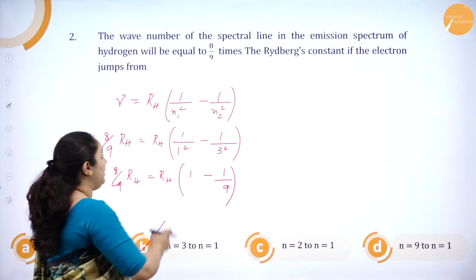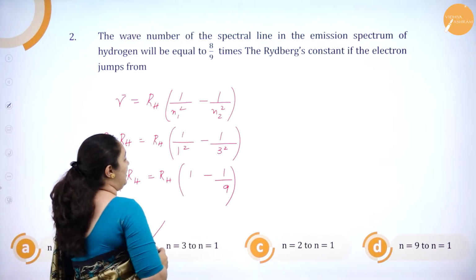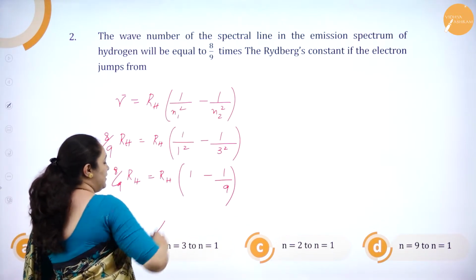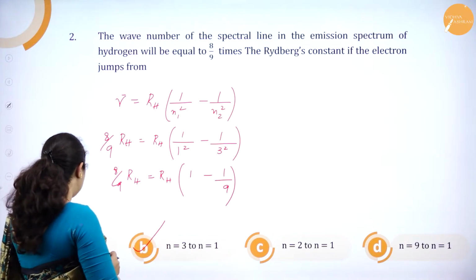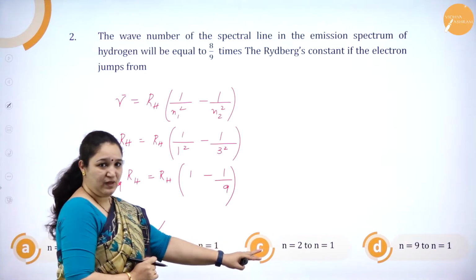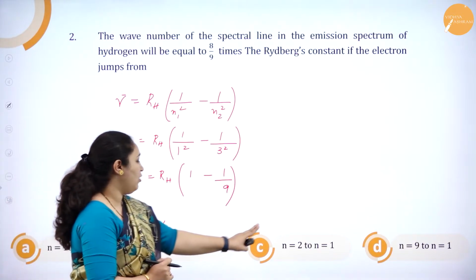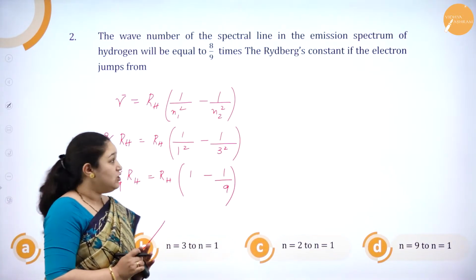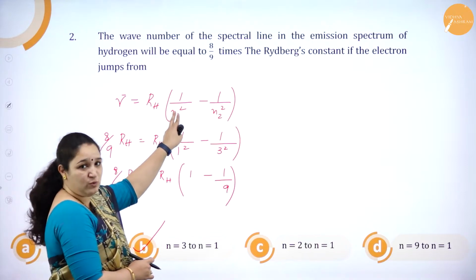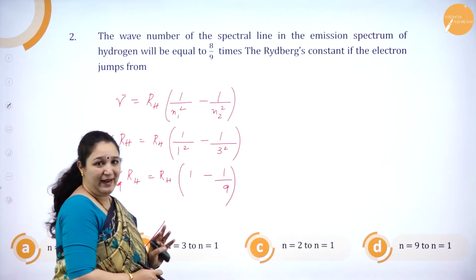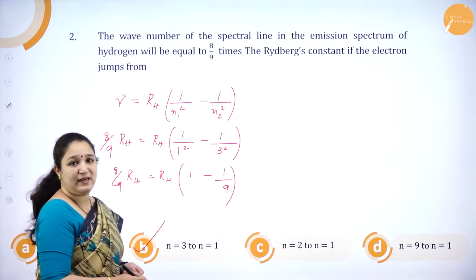Or you can keep n1 square and n2 square as it is, and you can substitute, as you can see in all the options, n1 is 1. Option A, option B, option C, as well as option D. So you can replace n1 with 1, and then you can find out n2 by equating it to 8 by 9 RH.